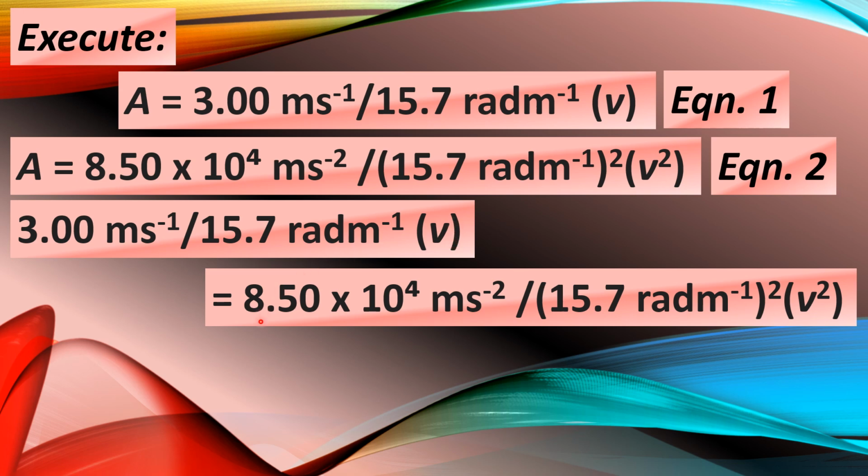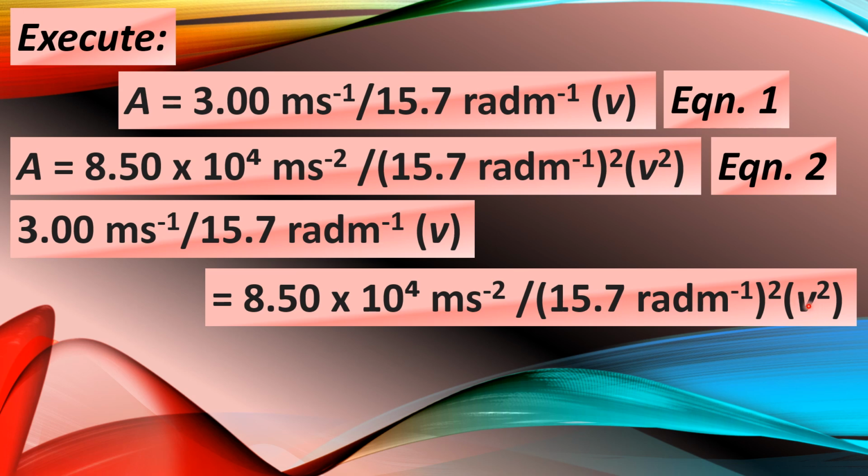That's equated to equation number 2, 8.50 times 10 to the 4th meters per second squared divided by the square of 15.7 radian per meter, and multiplied by the square of the unknown variable v.